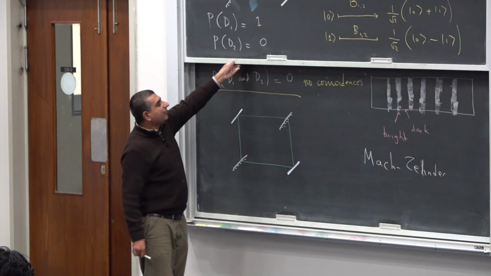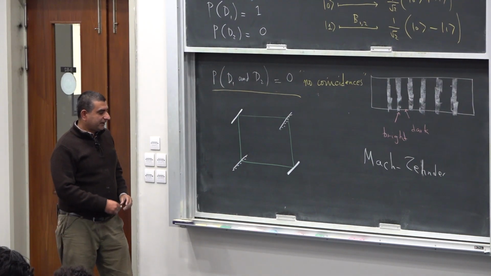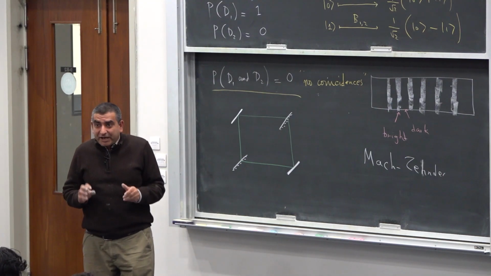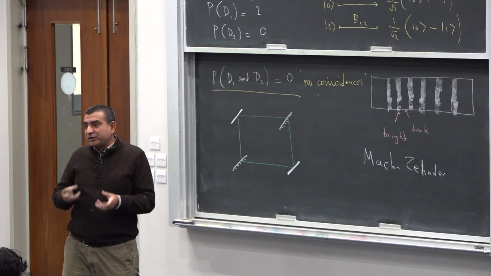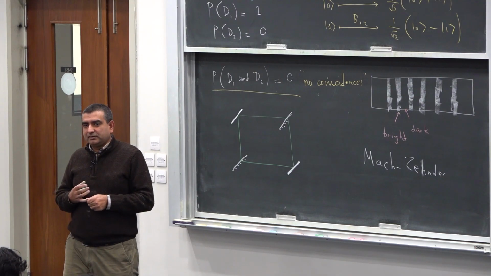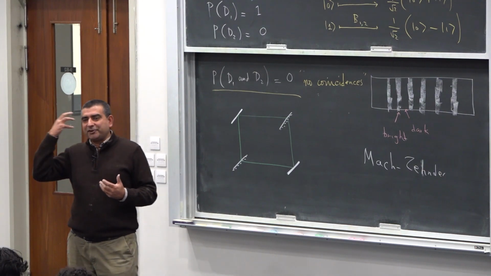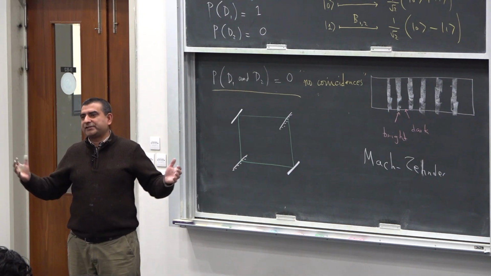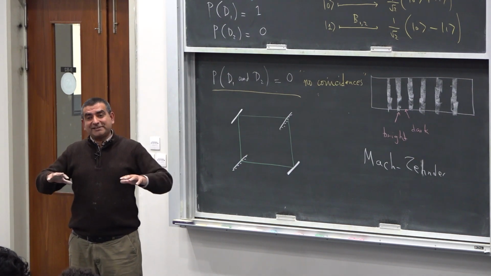Anyway, so now let's try to change this interferometer a little bit, and we try to play Sherlock Holmes here and investigate which path the photon is taking. We have this classical intuition and classical upbringing that says it doesn't make sense that the photon is taking both paths at the same time, that it cannot be split.